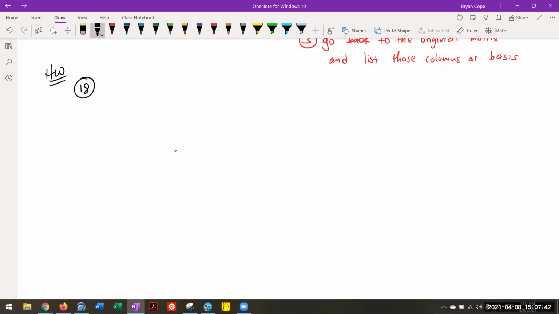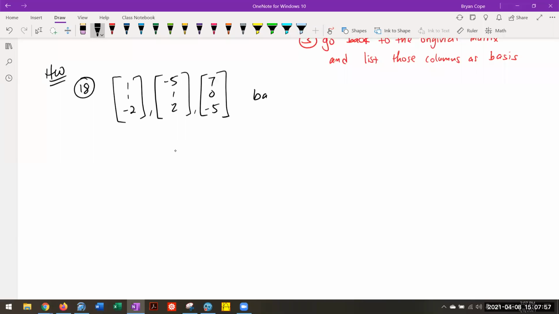Okay, 18. Here's the list of vectors: 1, 1, -2, -5, 1, 2, and 7, 0, -5. Remember, the question here is, is it a basis for R3? Can anybody spot a relationship?